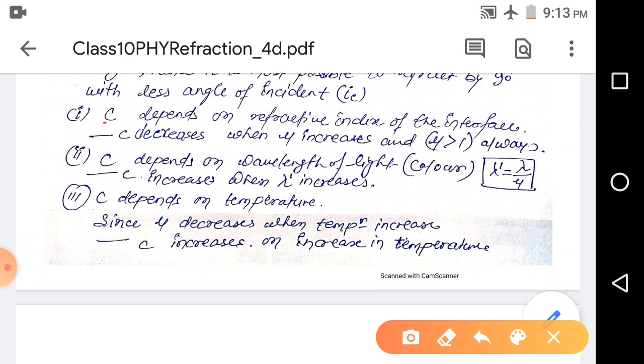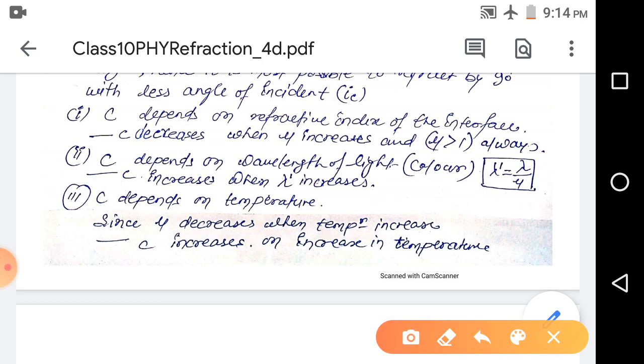Okay, so see the second point on which it is dependent. C, that is the critical angle, depends upon the wavelength of light, that is the color of light. And in the previous classes we have visited this relation, that is lambda dash equal to lambda by mu. Here this is the change in wavelength. That means whenever the refractive index increases, there is a decrease in wavelength.